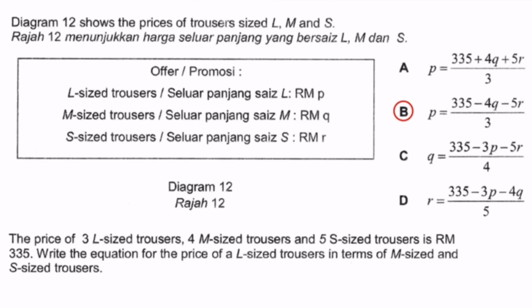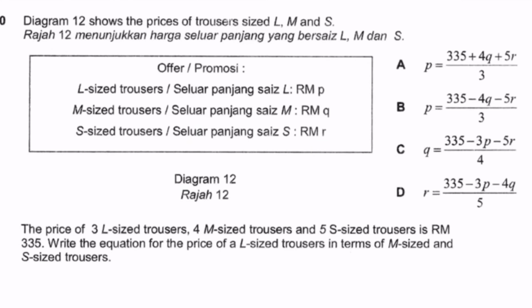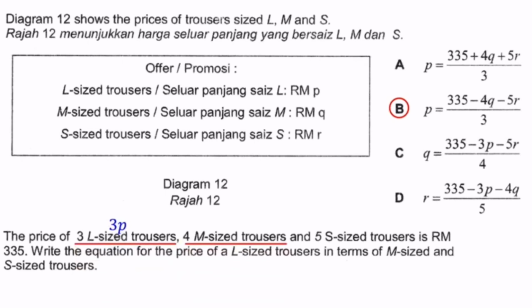The diagram 12 shows the price of trousers size L, M and S. So the L size is price P, the M size is price Q, then the S size is price R. Okay, so you're asked to form an equation of the price of L in terms of the price of size M and size S. So you need to work out carefully before you can simplify the equation.